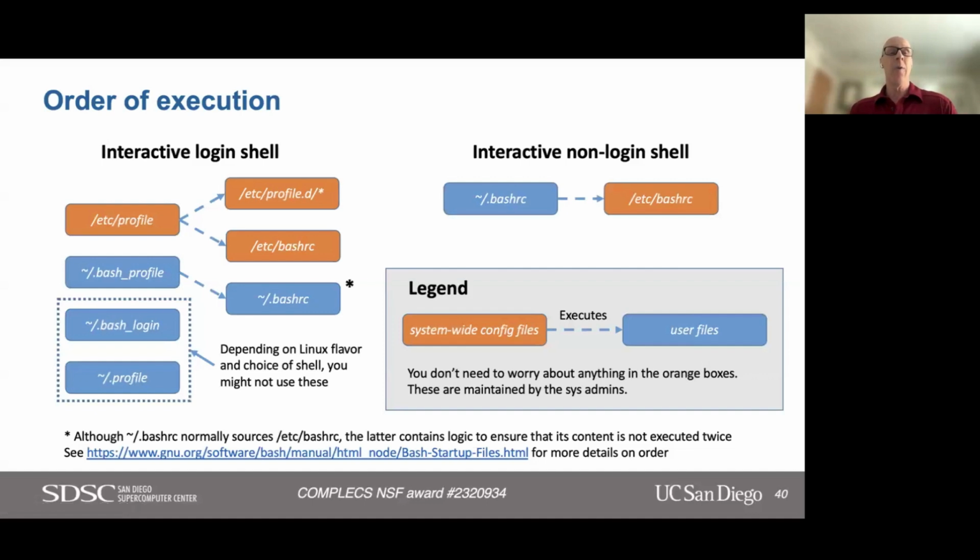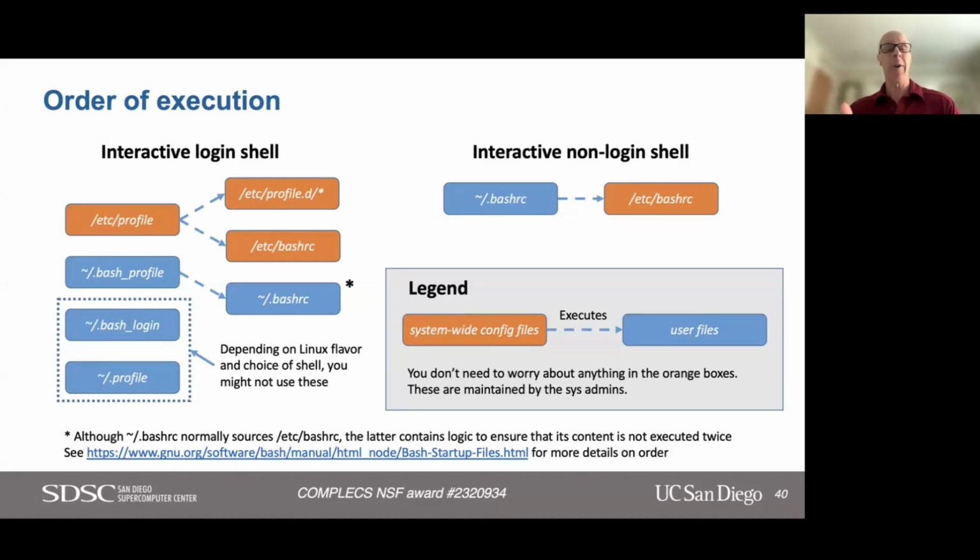So there's going to be an order of execution of these configuration files. I'm showing the ones that are controlled by the sysadmins in orange, and the ones that you own or have control over in blue. The ones you're really going to be concerned with, again, are the .bash_profile and the .bashrc.